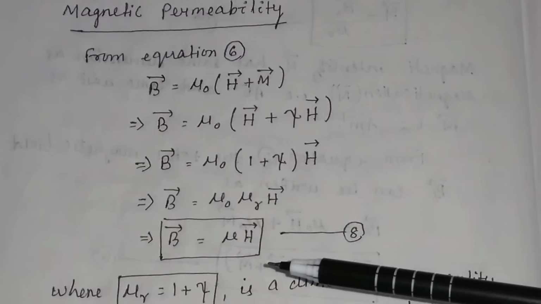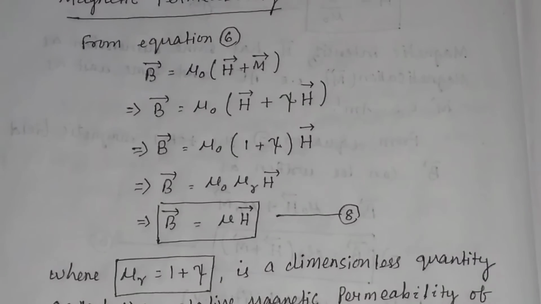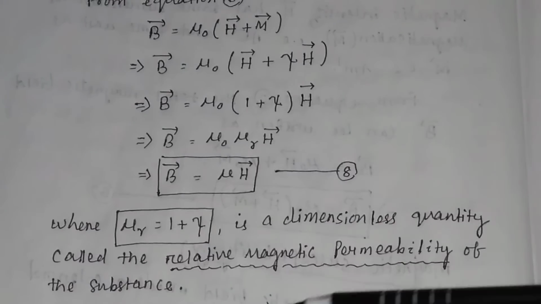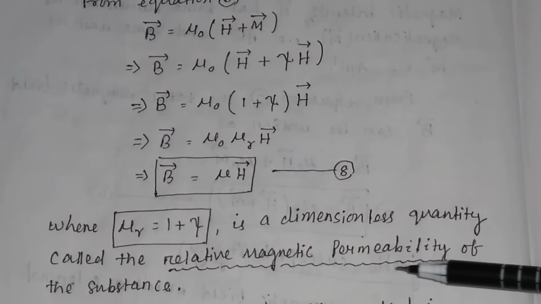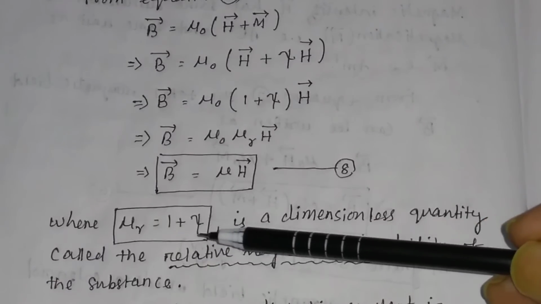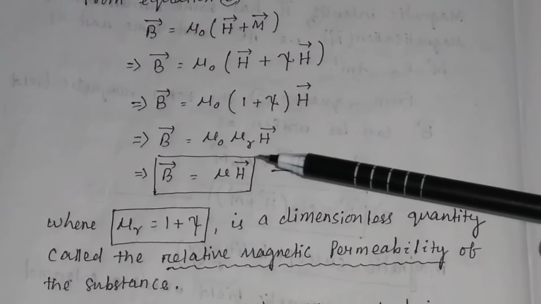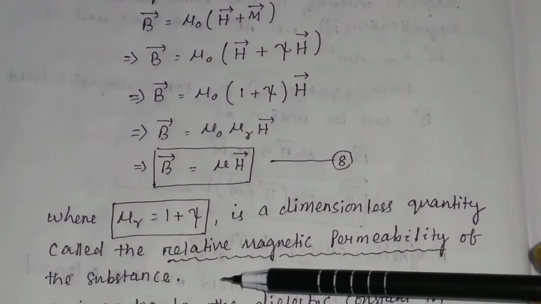Here mu r, that is equal to 1 plus Chi, is a dimensionless quantity called the relative magnetic permeability of the substance. Mu r is equal to 1 plus Chi. It is called relative magnetic permeability of the substance.